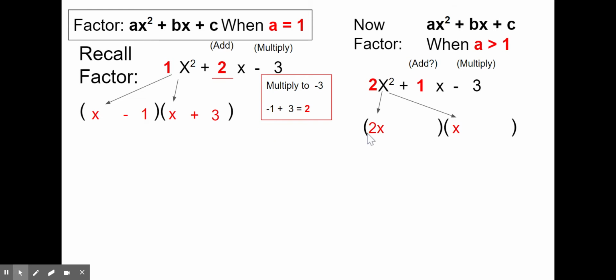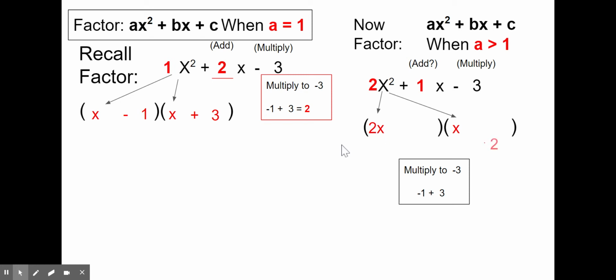It's going to get split up as 2x and x because I need to get it to multiply to 2x squared. Well, that complicates things. I need two numbers that add to 1 and multiply to negative 3, but one of those two factors is going to get multiplied by 2 first.